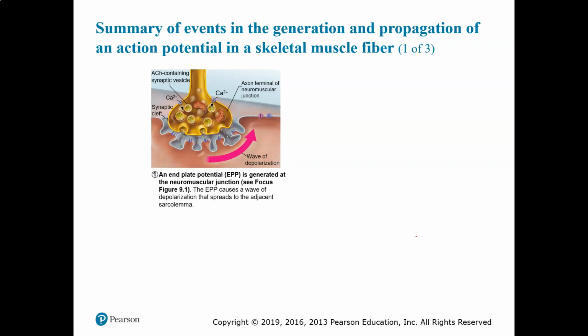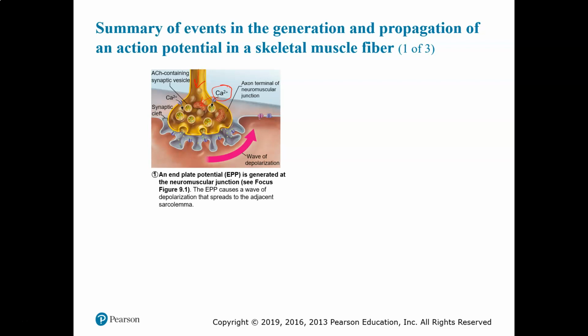So all of the events that we've just been talking about: the action potential reaches the axon terminal of our neuron, of our axon, and calcium ions then enter in because voltage gated calcium channels are opened up. Calcium ions enter the axon terminal and activate the synaptic vesicles, which contain acetylcholine.